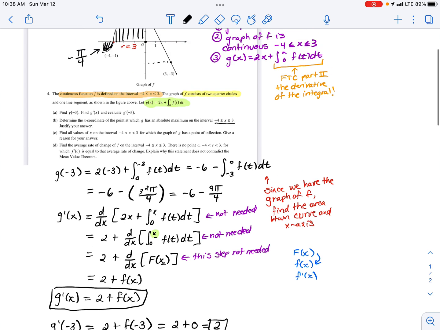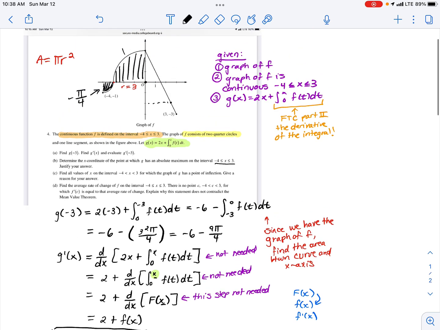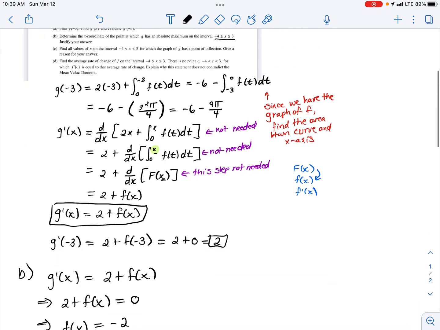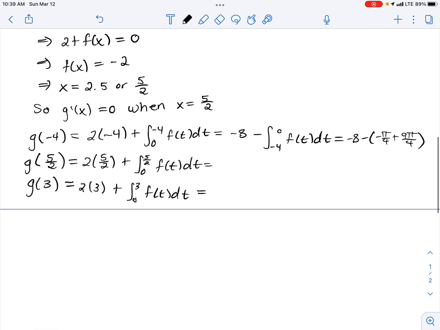Because remember we found earlier this area right here that this was 9 pi over 4. And then this is going to give me -8 minus 8 pi over 4. So this is -8 minus 2 pi.